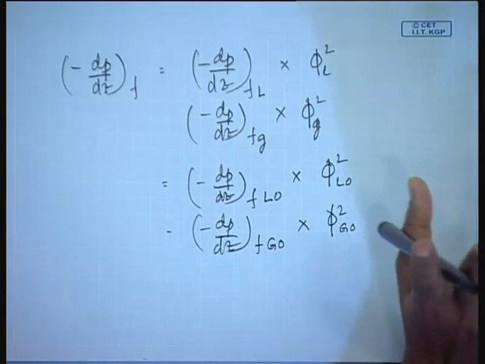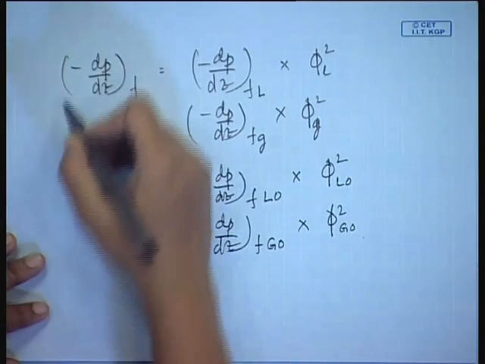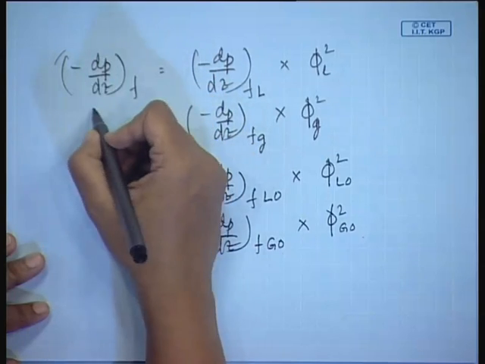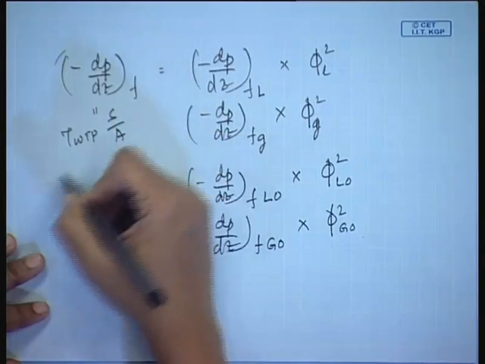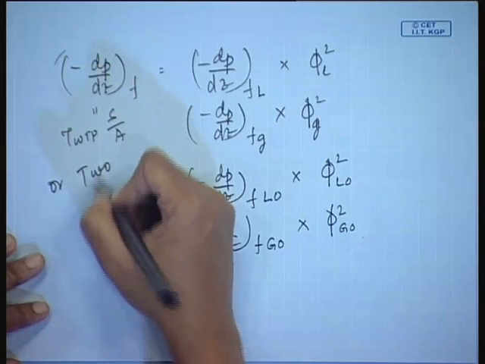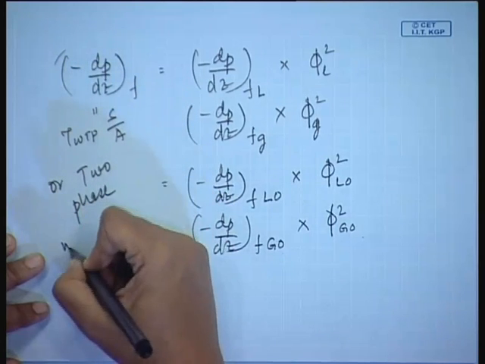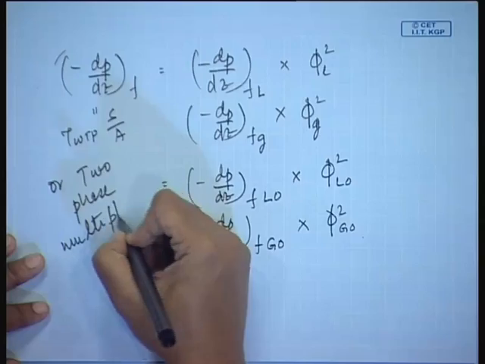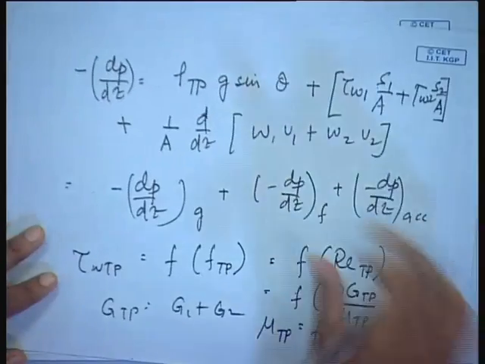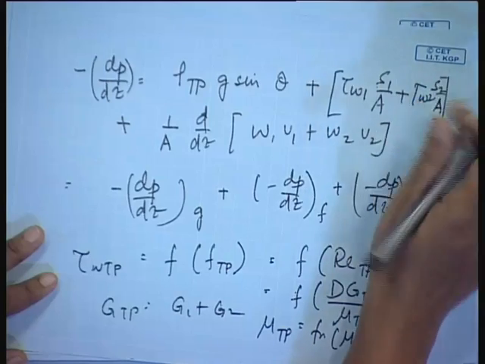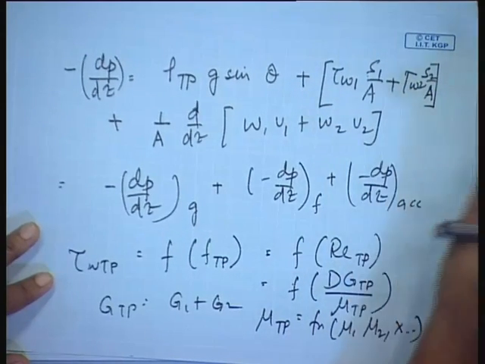So, in these two ways we had defined the frictional pressure gradient, either in terms of tau W TP S by A or two phase multipliers. In this particular case also we have to devise some way of finding the frictional pressure gradient, but here we cannot consider the mixture to be a mixed flow or something.